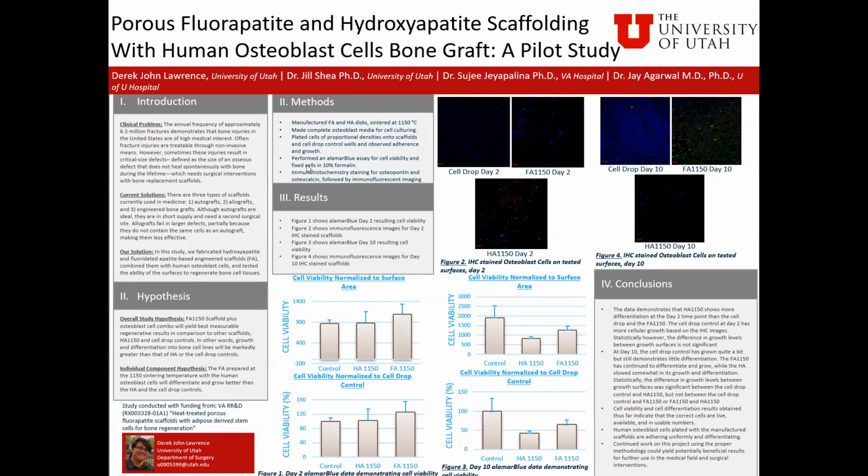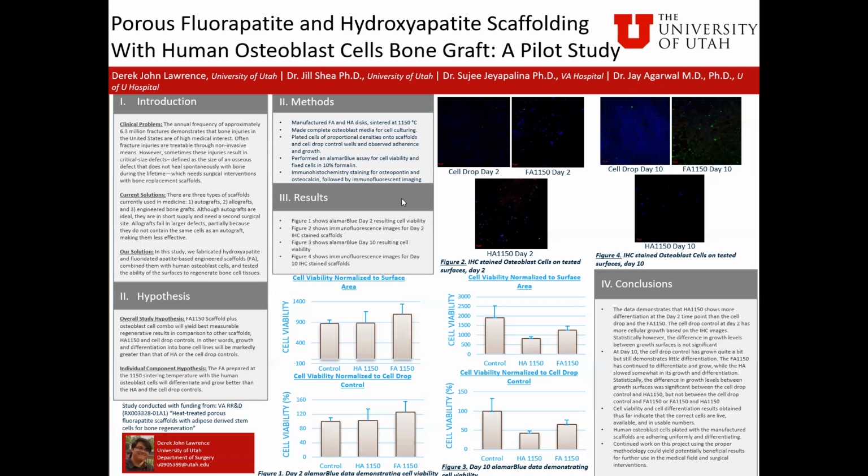And then at 2-day and 10-day time points, we performed an Alamar Blue assay to determine cell viability, after which we fixed in 10% formalin, and then immunohistochemistry was performed later, primary staining for osteopontin and osteocalcin, as well as secondary staining to get the colors, and then immunofluorescent imaging was performed.